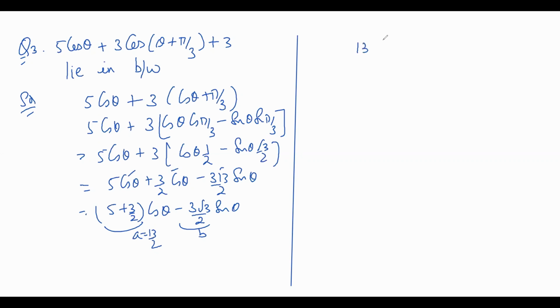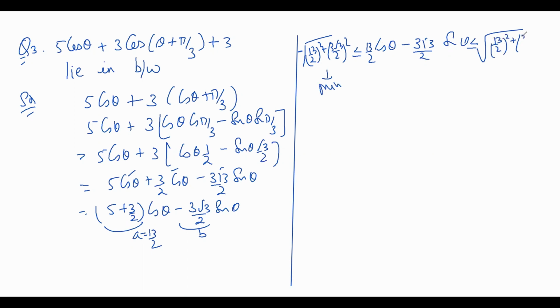So that means the minimum and maximum value of this is minus root of A square plus B square and plus root of A square plus B square. Let's make it more clear for you. This is 13 by 2 whole square plus 3 root 3 by 2 whole square, with the minus sign for the minimum and the plus sign for the maximum.